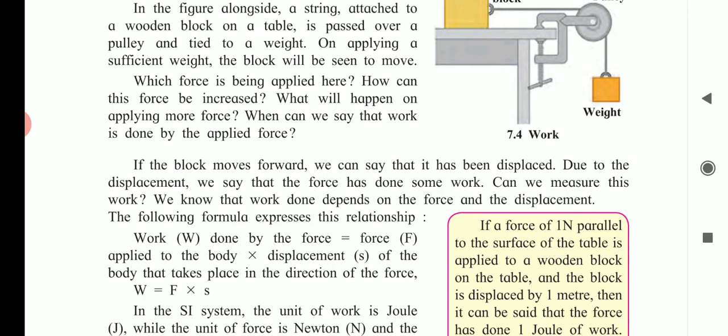We know that work done is denoted by capital letter W. W is equal to the force applied to the body, denoted by capital letter F, multiplied by the displacement of the body, denoted by letter S, that takes place in the direction of the force.